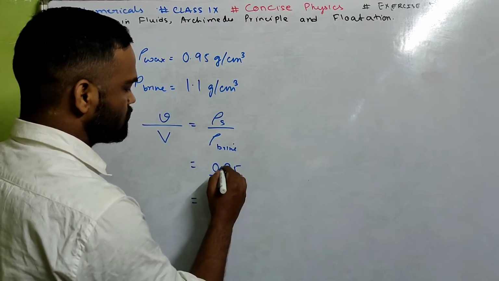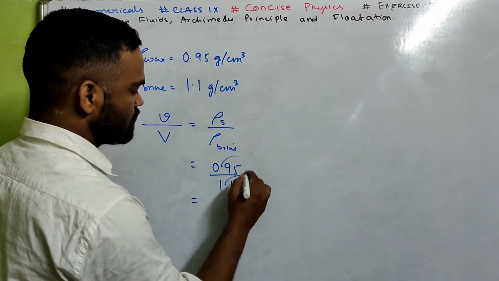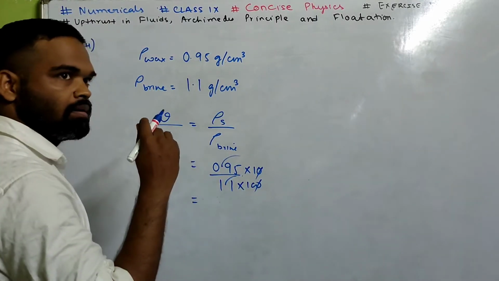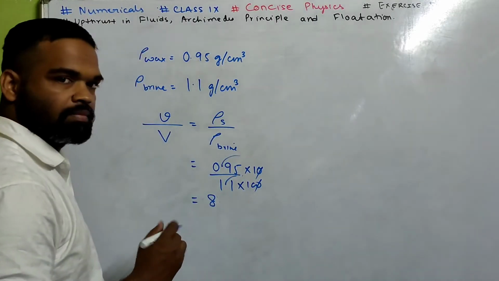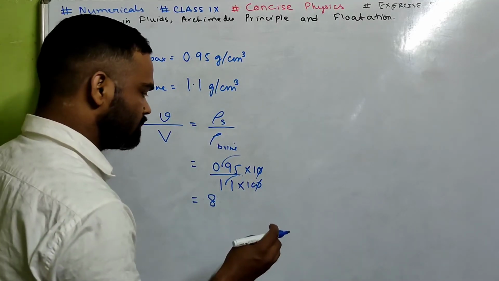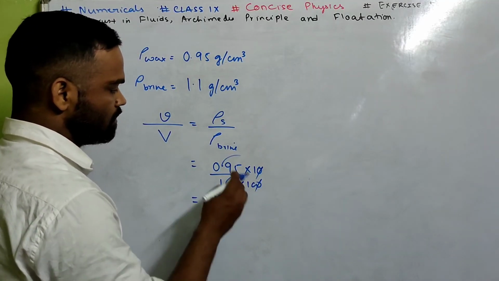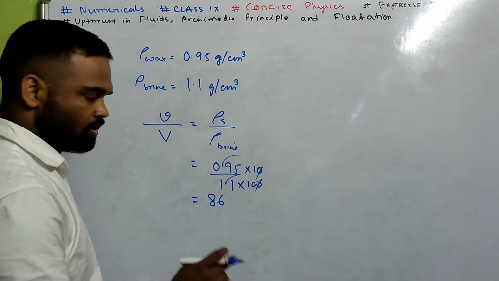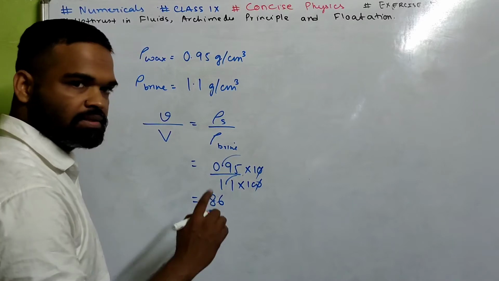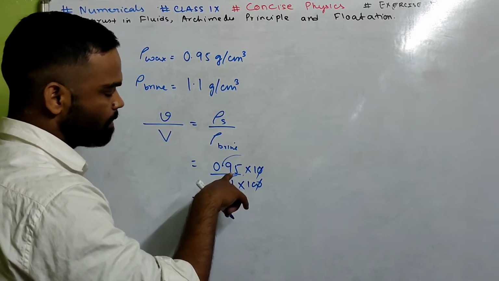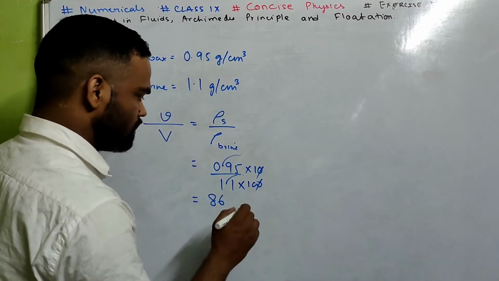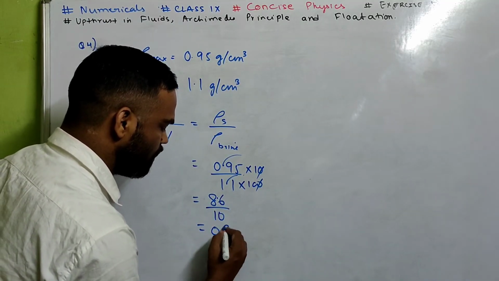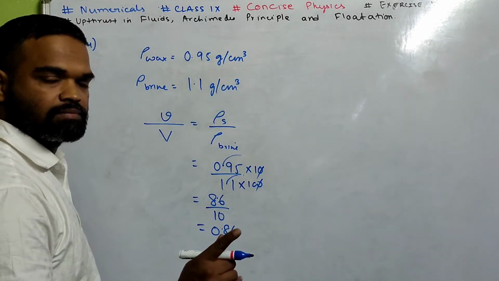This goes 100, this goes 10, so 95 by 11. 8 times 11 is 88, then 6 times. 8.6 becomes, keep it till one place of decimal, 8.6 by 10. So that's 0.86. Yes or no?